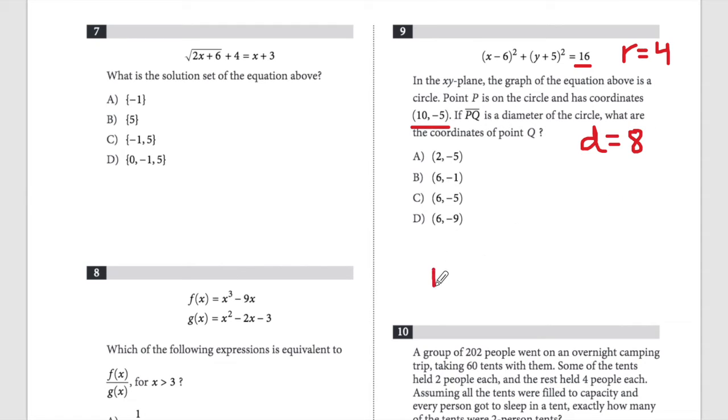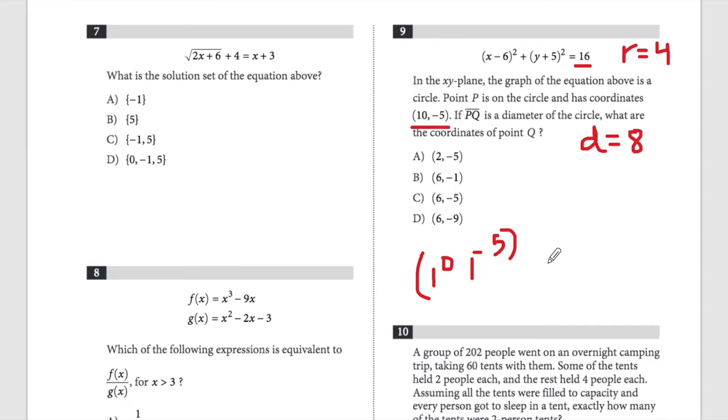So if this is 10, comma, -5, well, now what we need is a point that's going to be 8 units away. Okay?